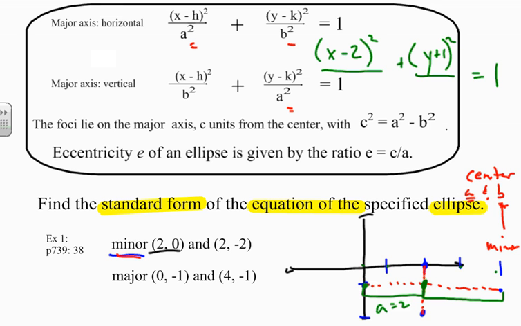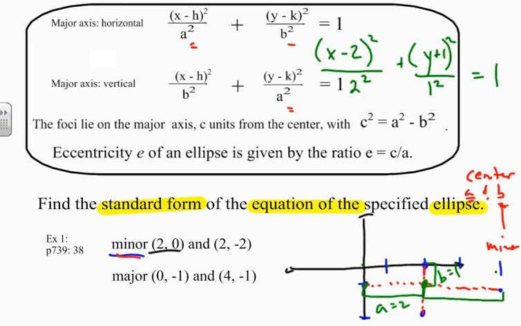It's under the x because it's a horizontal major axis, so we have 2 squared. We can then look at our minor, and the b value goes from the center to the minor point on the ellipse. In this case, b is going to equal 1.